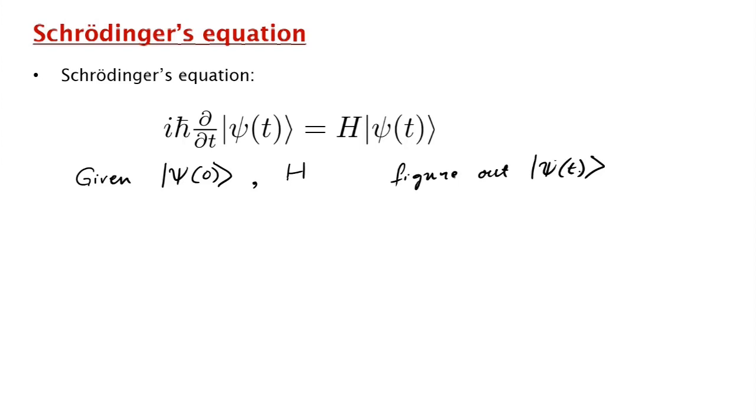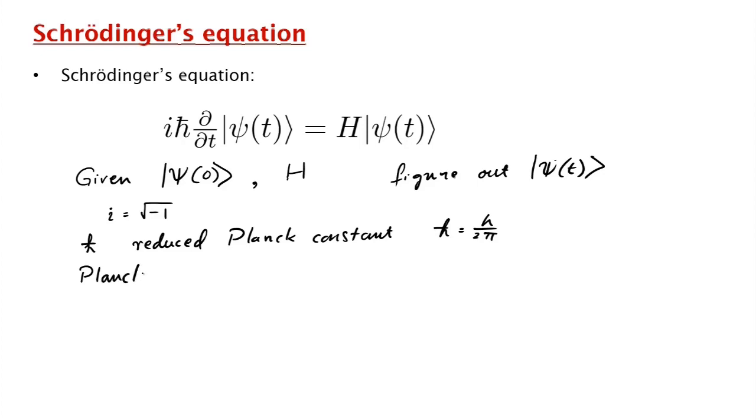Okay, so there are two constants that appear in this equation. i, of course, is the square root of minus 1, and h bar is the reduced Planck constant. So h bar is h over 2 pi, where h is Planck's constant. Now, Planck's constant plays a central role in quantum mechanics, in the Planck relation E equals h nu, which relates the energy of a photon to its frequency.